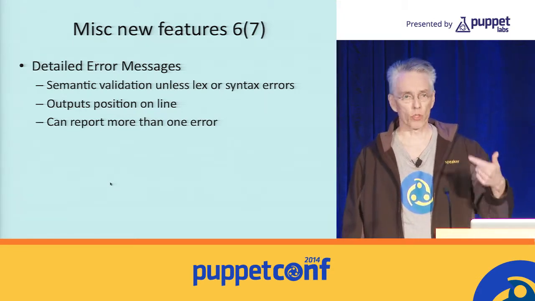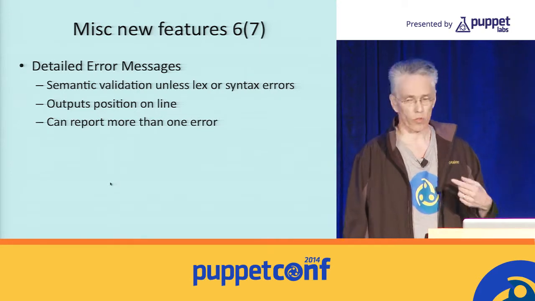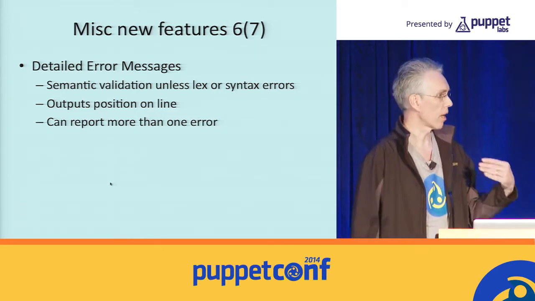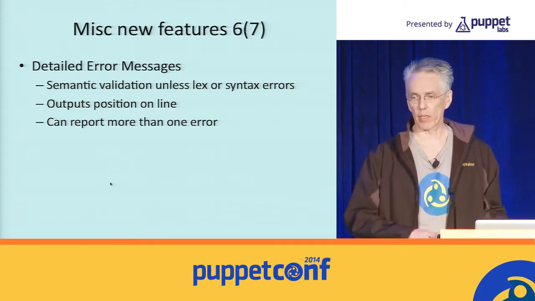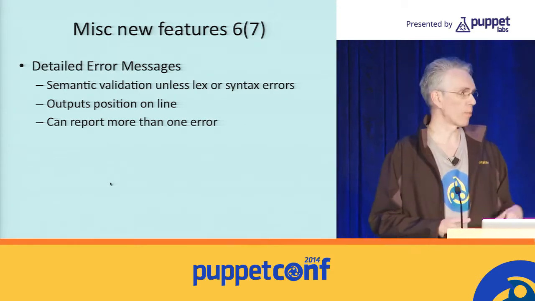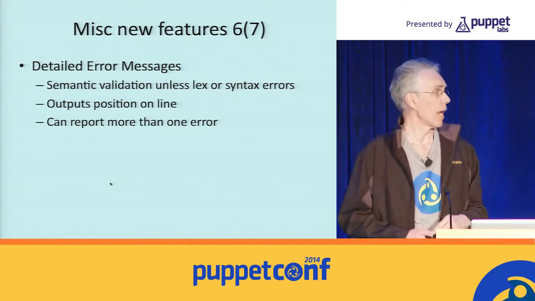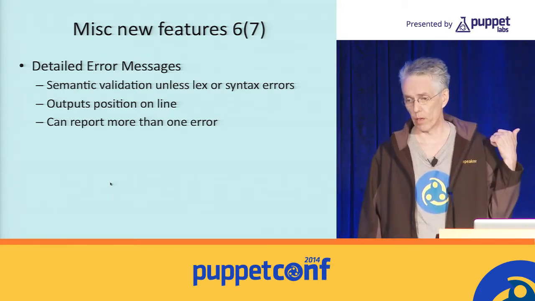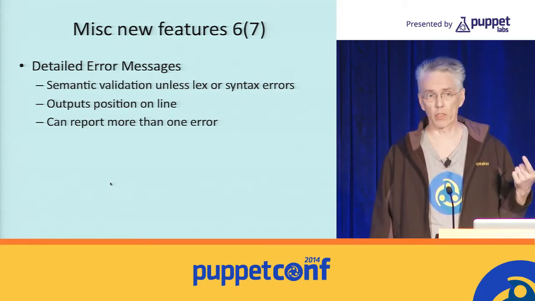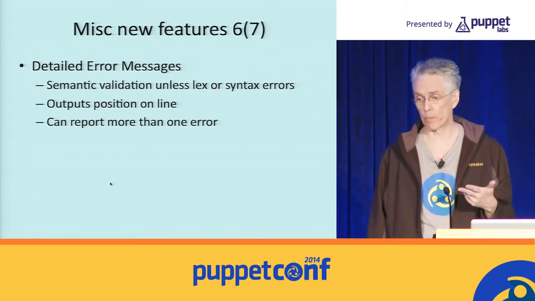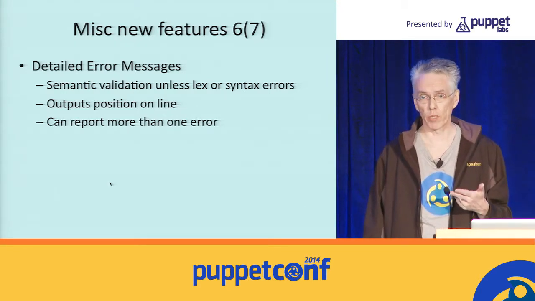But if it gets past those two points, the higher order, more semantic type of errors are validated as a separate step, and it will output more than one error if it finds more than one. And it will tell you the file and line as it did before, but now it will also tell you the position on the line where that occurred.